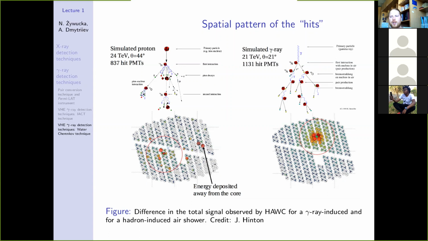But in the case of Cherenkov light, all particles which were emitting Cherenkov light will be seen, so you have much more information to deal with. That allows a much more precise discrimination. Here the quality of discrimination is poorer because you see only a fraction of particles from the shower.